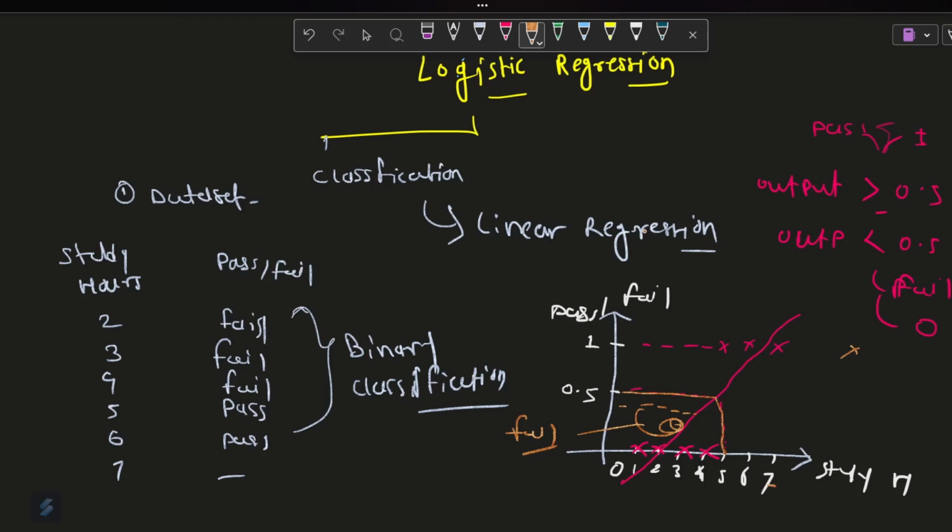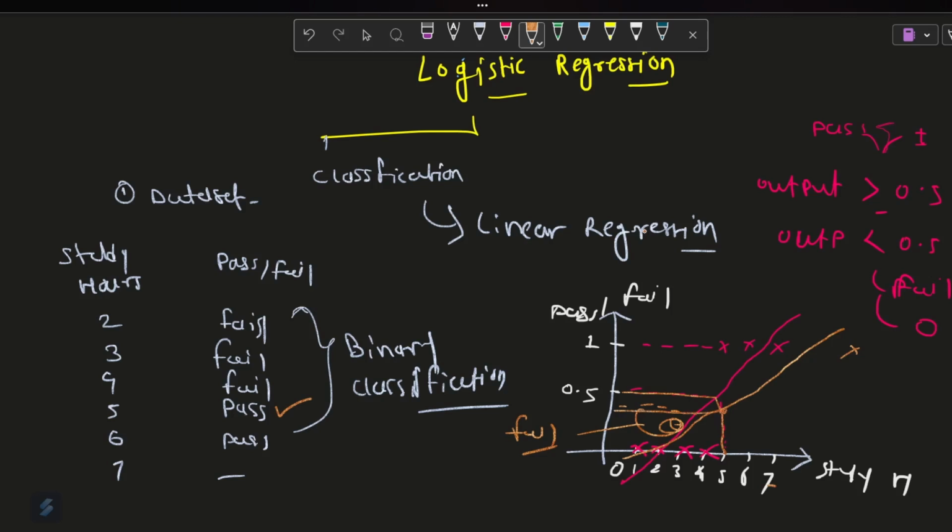The best fit line is squeezed toward the outlier. In that case, the dataset says when you study for 5 hours, you pass. But in the graph, or the model you trained, there is a high value at 5 hours, so you get a fail.